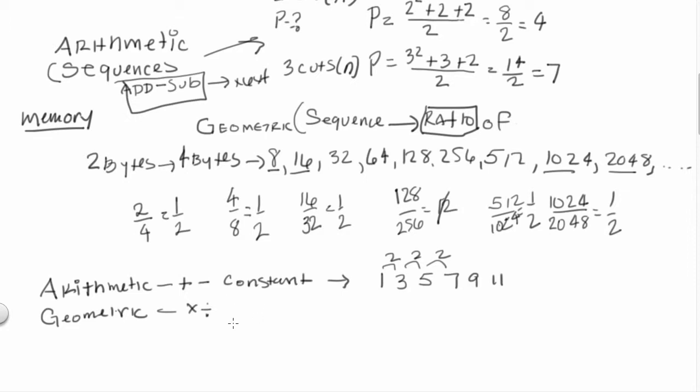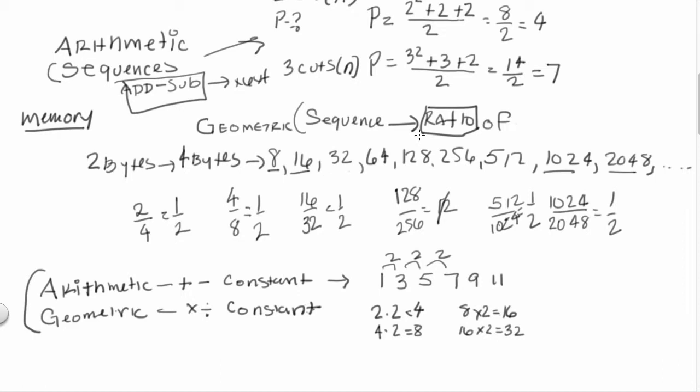It's multiplied or divided by a constant value. For example, 2 times 2 is 4. 4 times 2 is 8. 8 times 2 is 16. 16 times 2 is 32, and so on. You notice where I got that from? That should be pretty easy for you to note. So this is the type of sequence.